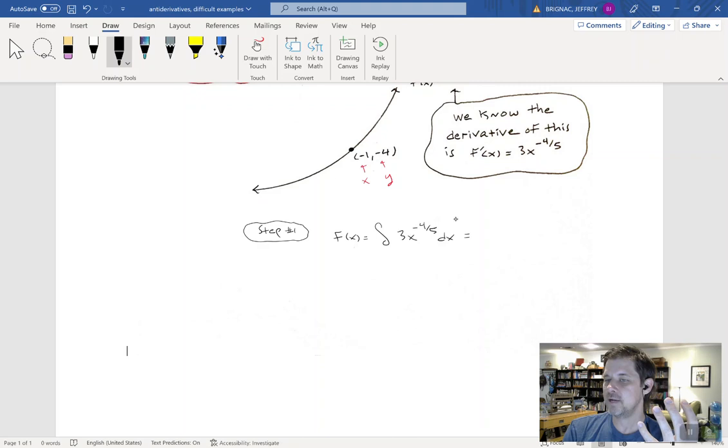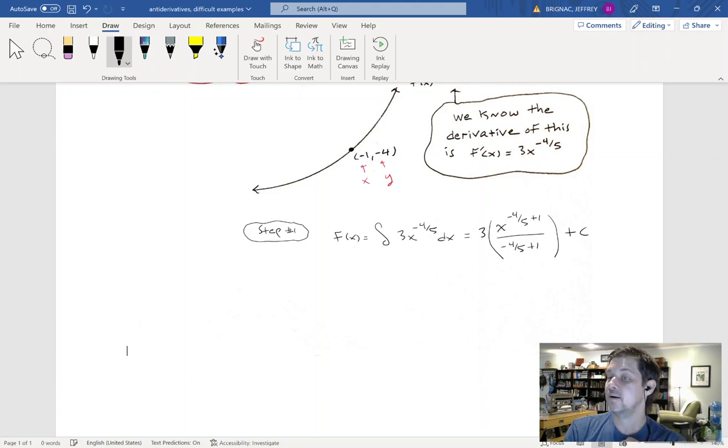That 3 right there, I carry into my answer in my work. As far as this x, this variable to this power, I'm supposed to add 1 to the power. So I get -4/5 plus 1, and then I divide by that very same number, -4/5 plus 1. So carry the 3, and then for this variable to this power, add 1 to the power, and so on.